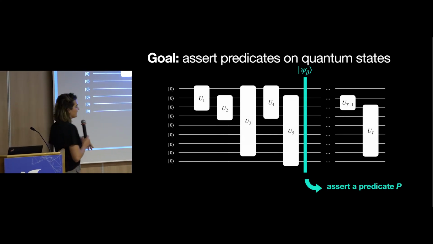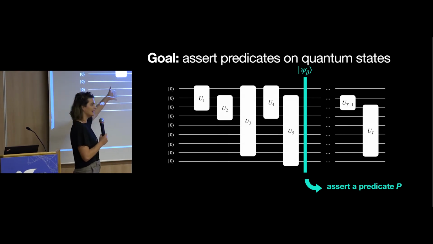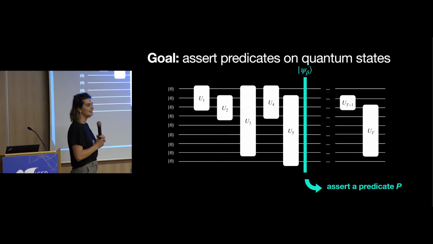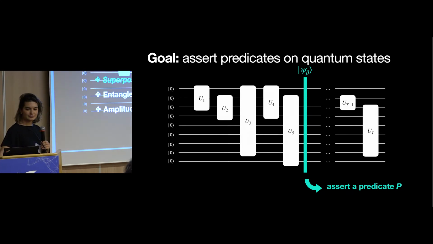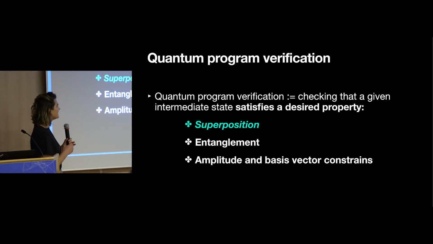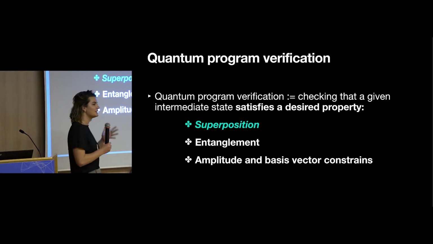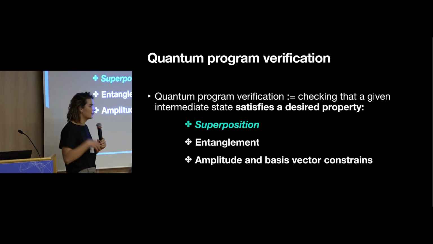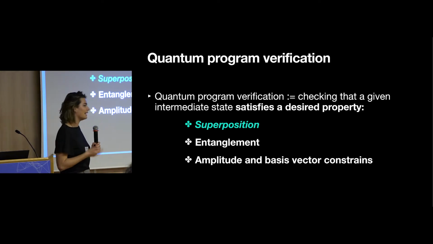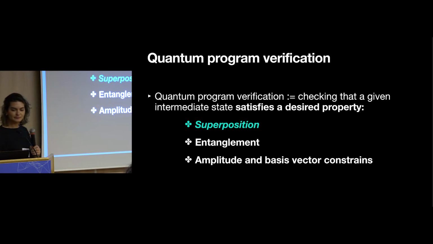So I can define some predicate P that is related to a property about the state. Vaguely speaking, these properties might be something related to superposition or entanglement, or potentially I want to put some constraints on my amplitude and basis vectors.